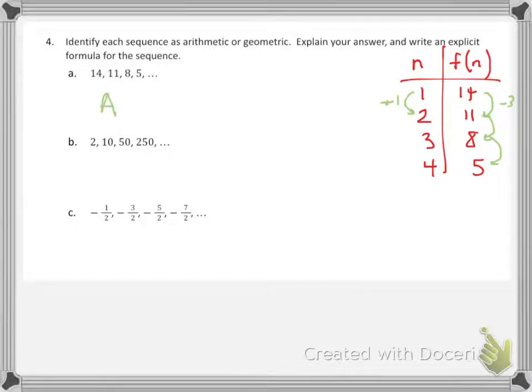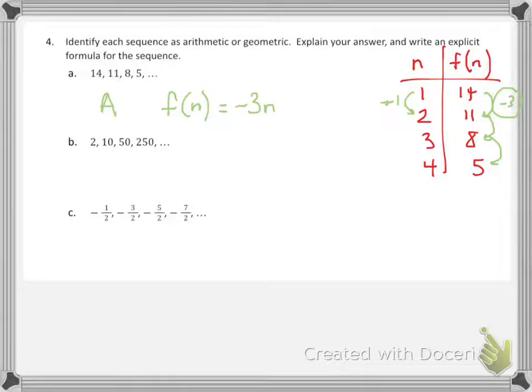All right. Part B, did we have to write an explicit formula? We did. Sorry about that. So explicit formula. Well, this negative 3 tells me that that's my coefficient. So f of n equals negative 3 times n. I know that's the beginning of it.